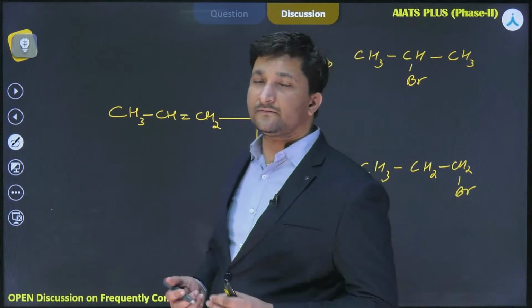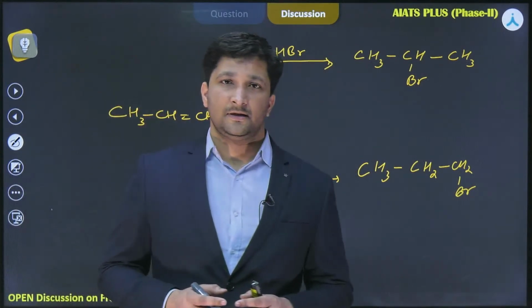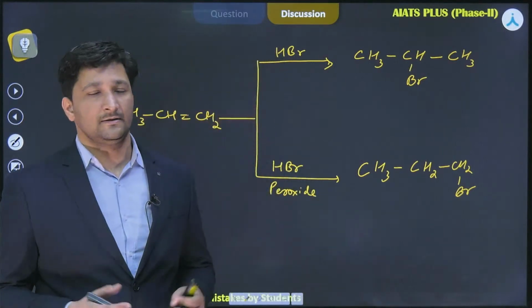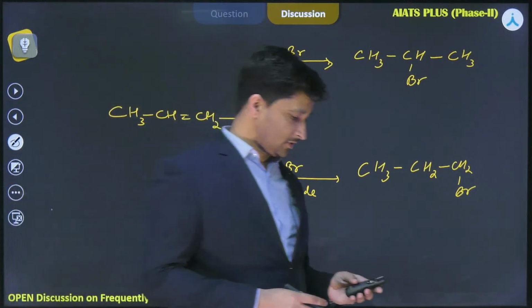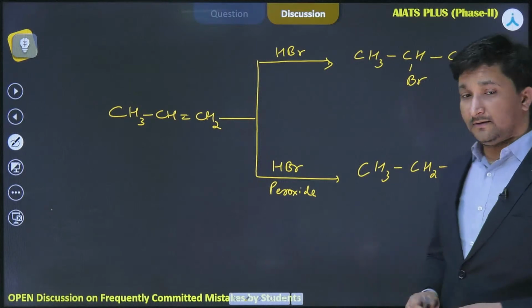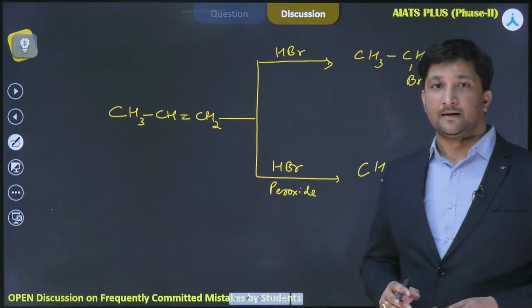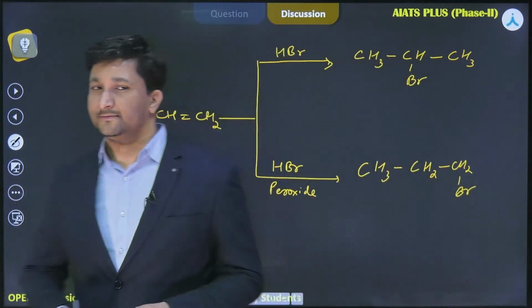Is it advantageous for the carbocation to become more stable after rearrangement? Then that will be the major product. So I have discussed most of the things here. Is this clear to all of you? Anyone having any doubt? Feel free to ask. And one more thing, rearrangement does not take place in free radicals. This point you also have to remember.